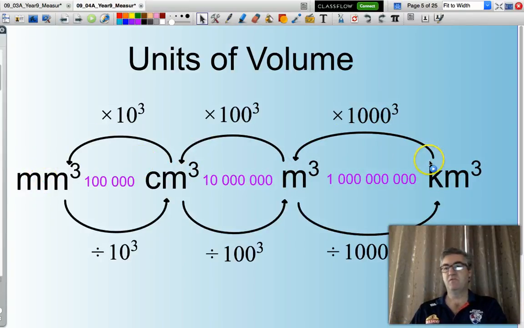Now, to convert from a kilometer cubed to a meter cubed, we multiply by 1000 cubed, or if you prefer, 1 billion. So that's 1 with 9 zeros afterwards. Likewise, you can do a conversion from meters cubed to centimeters cubed, multiplying by 100 cubed, and so on and so forth.